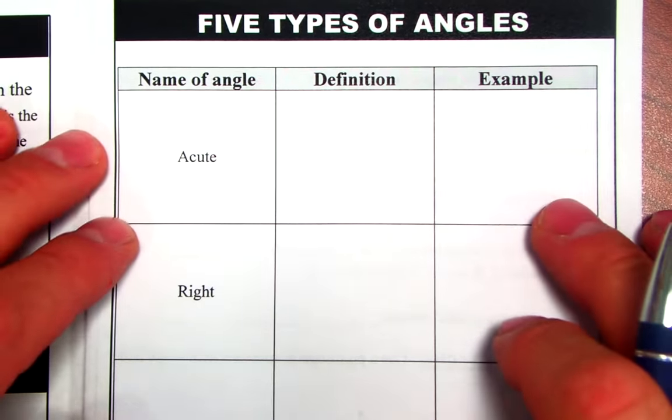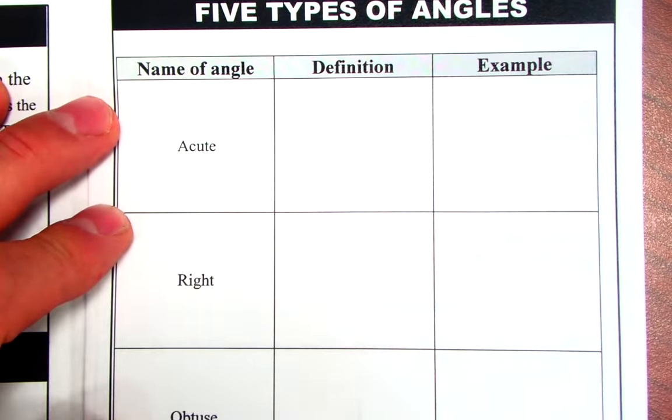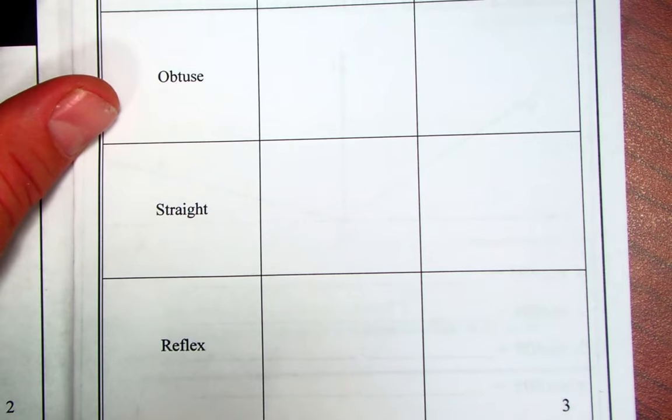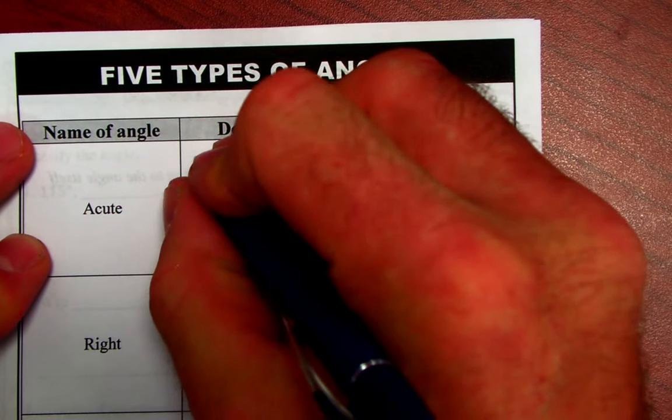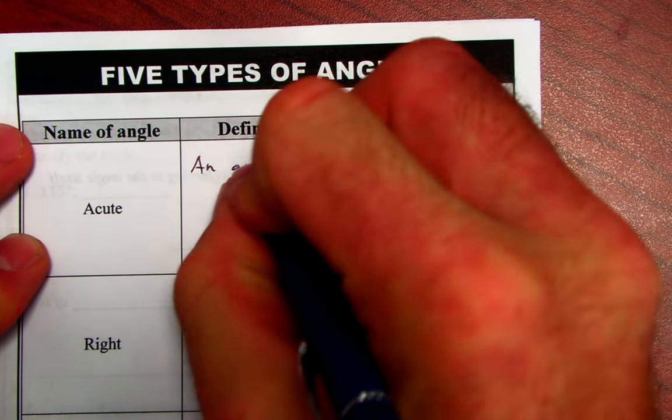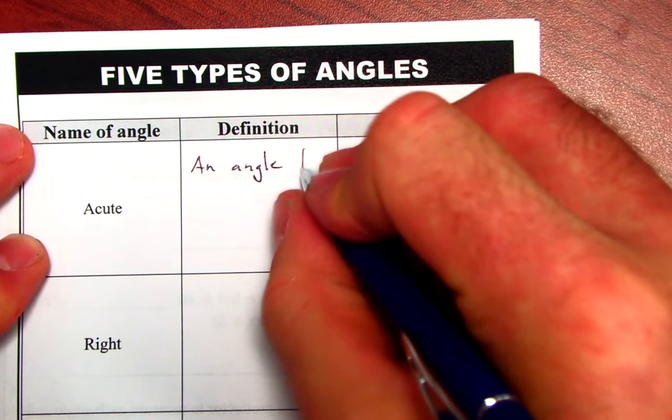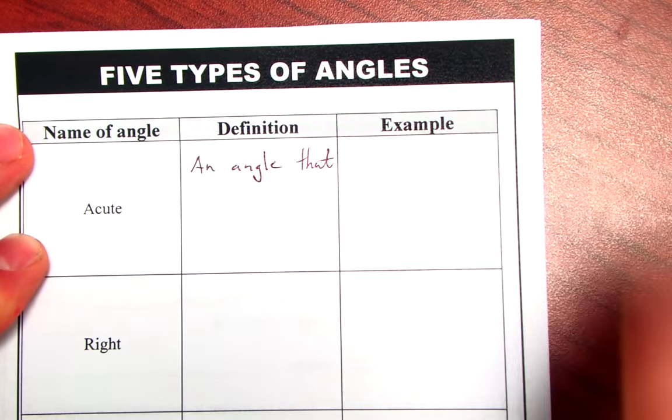Now this part you're probably familiar with, that there are 5 types. 4 of them you probably are familiar with. This 5th one, a reflex angle, might be new to you. But we'll write a real short definition and a diagram for each one. We'll say that an acute angle is an angle that measures less than 90 degrees.